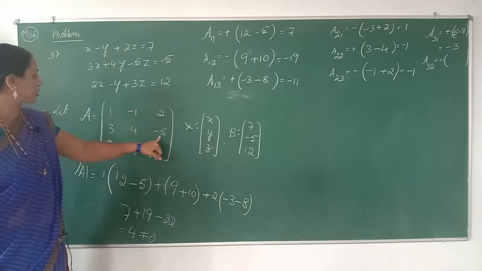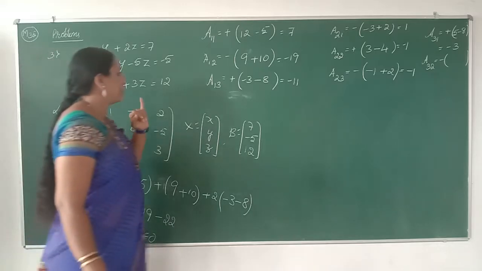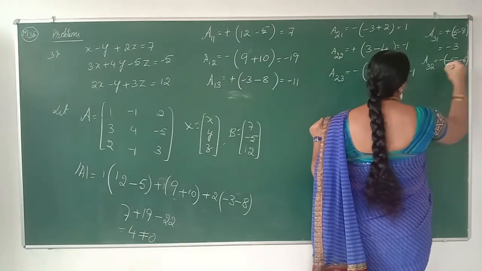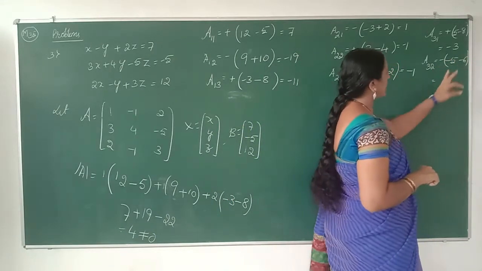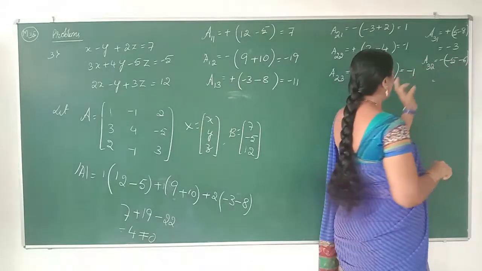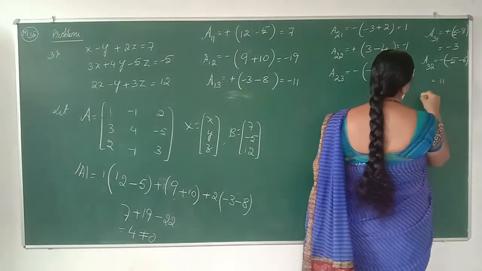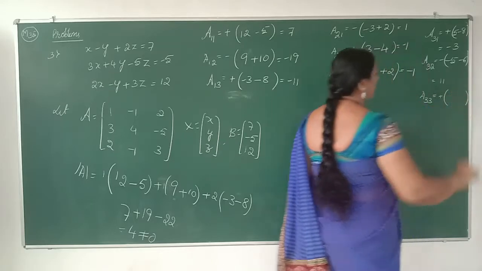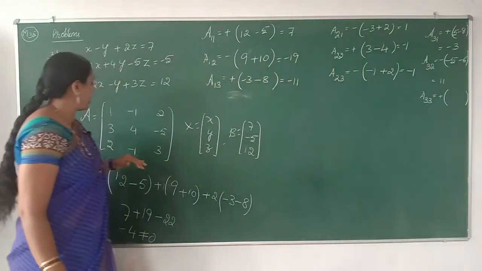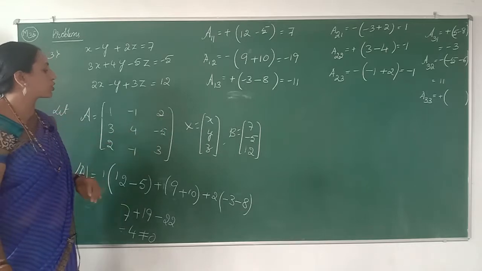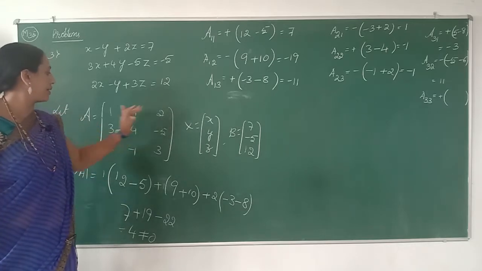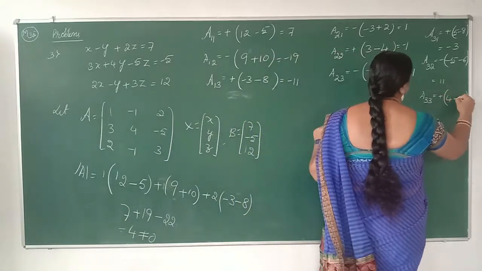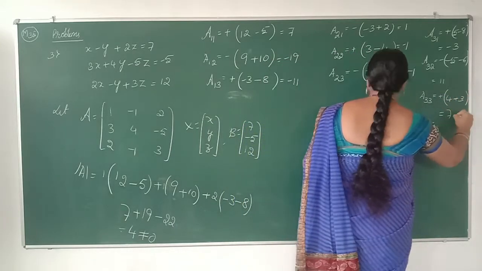Remaining get cross multiplied: minus 5 minus 6. So minus into minus 5 minus 6 is minus 11. Minus into minus is plus 11. Then A33 is multiplied by plus, and it's an element of last row and last column. Again these elements get neglected. Remaining are 4 plus 3. It will be equal to 7.